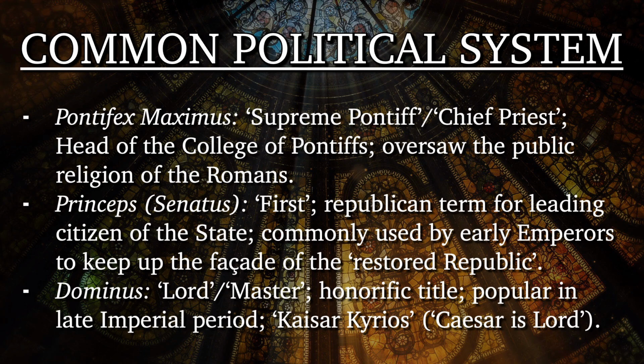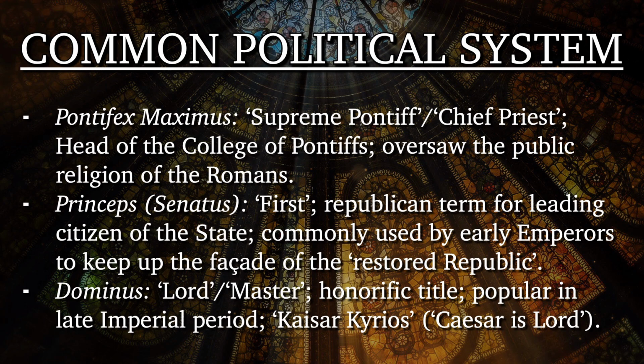And the last one there is Dominus, which is simply the Latin term for Lord or Master. So if you read the Latin Vulgate, the Latin translation of the Greek New Testament, it obviously utilises the term Dominus, often in relation to Christ. It's an honorific title, very popular during the later portions of the imperial period.